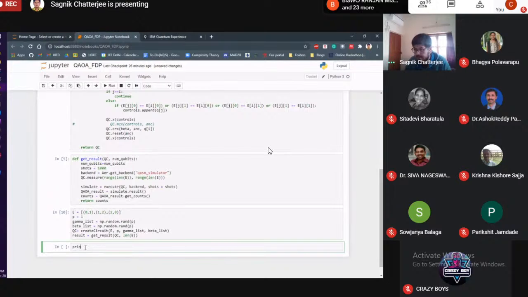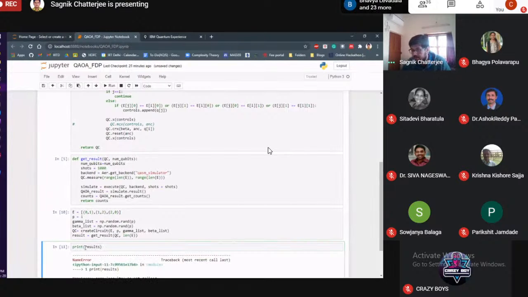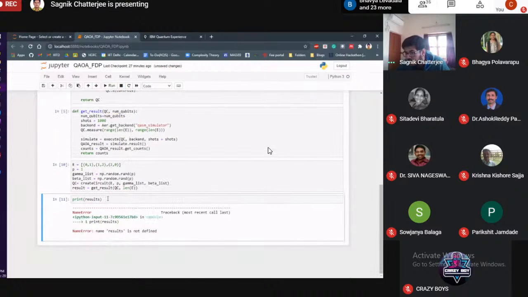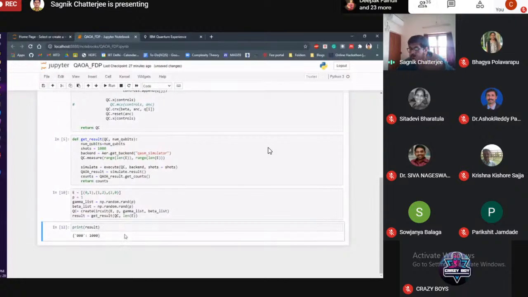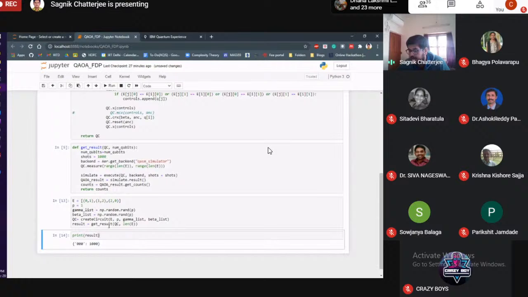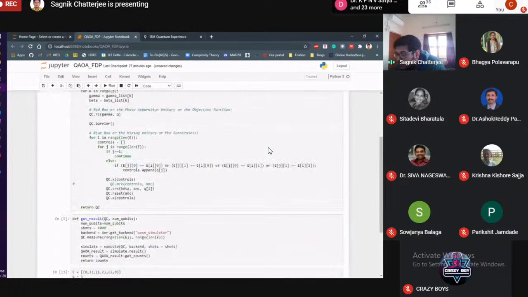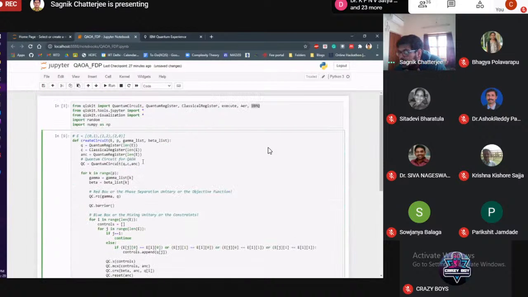So print results. Result. So it just gives you one output. So if we run it again, we'll get, yeah. So this is the problem. So the MCX gate is required for the ancilla.